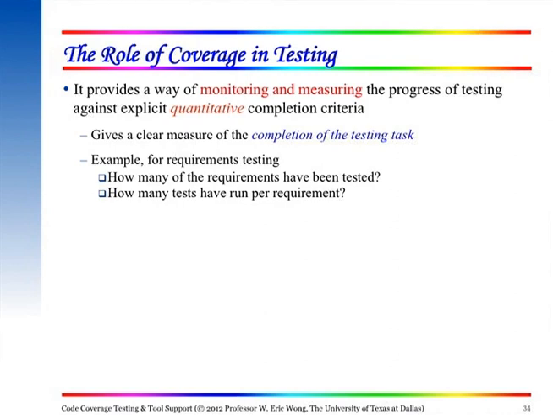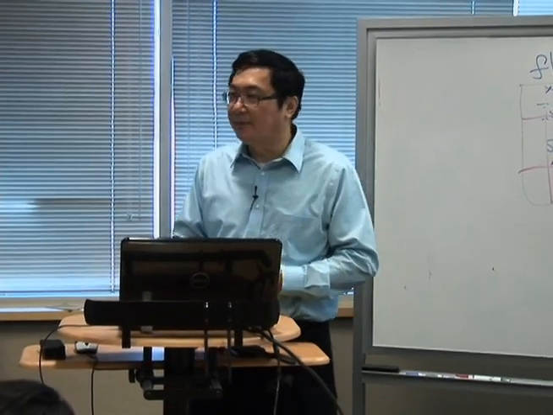And in addition to giving you good confidence, it also helps you monitor and measure the progress of testing. Right? So you have 30% covered, move on to 50%, move on to 60%. When you talk about coverage testing, there are a few things you need to keep in mind.